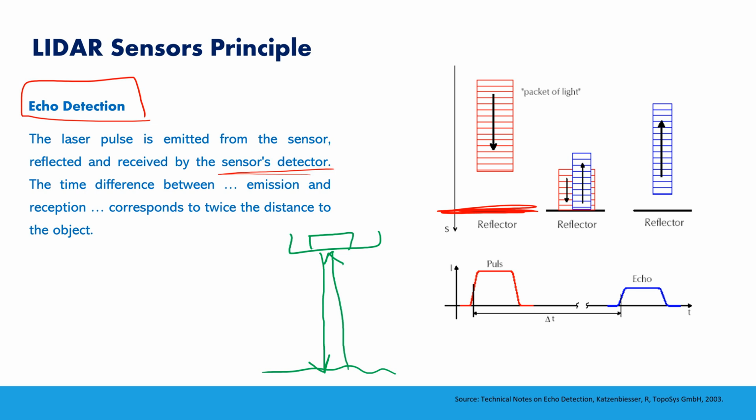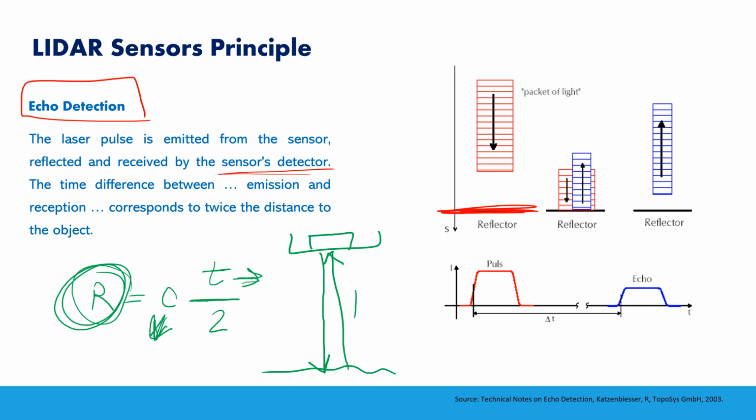So because of that, for calculating the range, if you remember the relation, it was the speed of light times the time required for each pulse divided by 2, because each pulse will go the same distance twice. And the detector will help us to calculate this time, and the speed of light is known and constant. Based on this, we can calculate the range or the distance between the laser scanner and the ground surface.